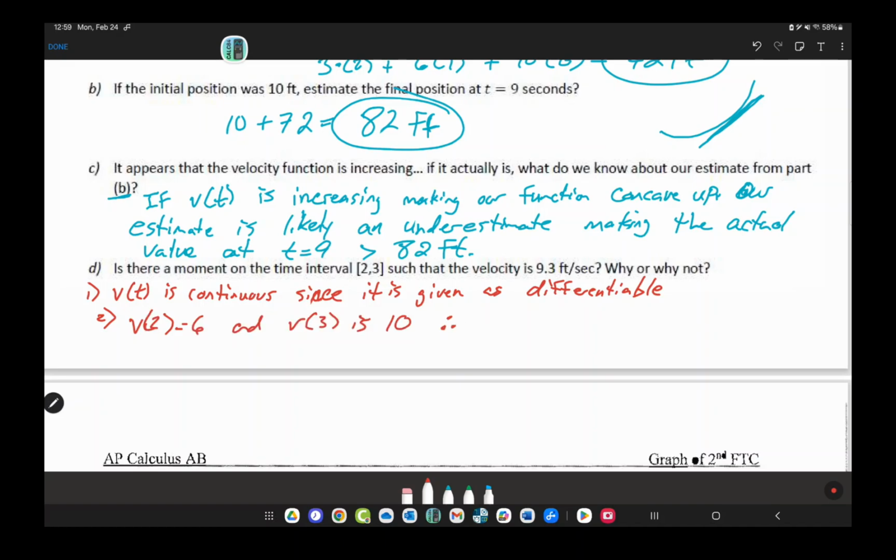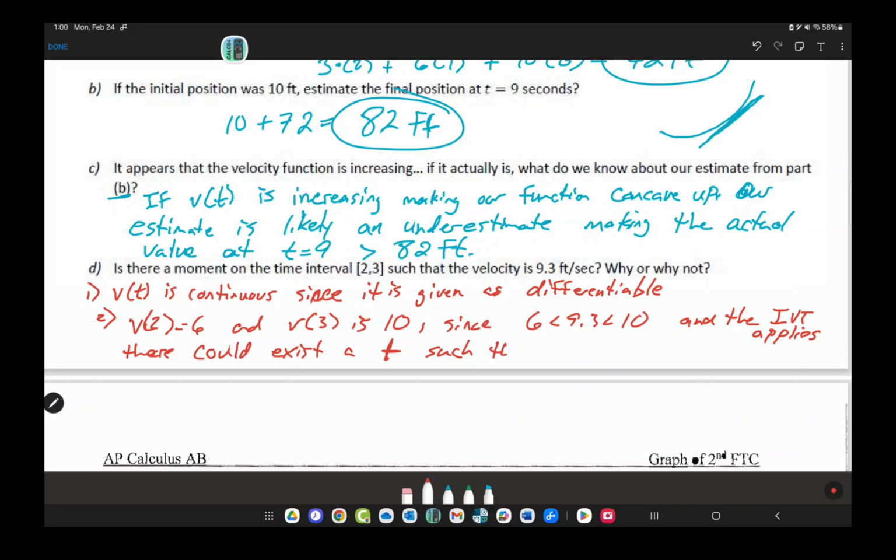Therefore, 6 is less than 9.3, which is less than 10, and the IVT applies. So there should exist a t such that v of t equals 9.3.